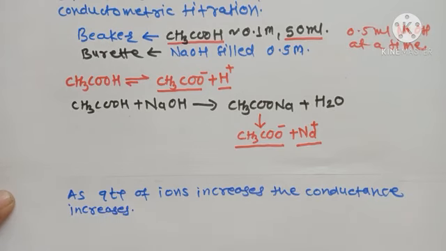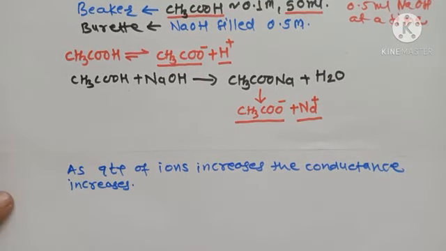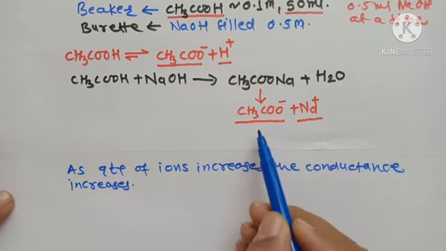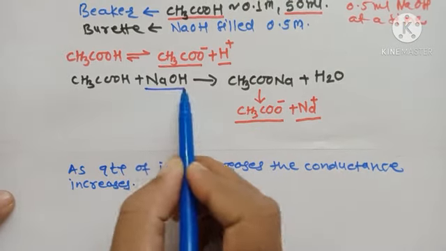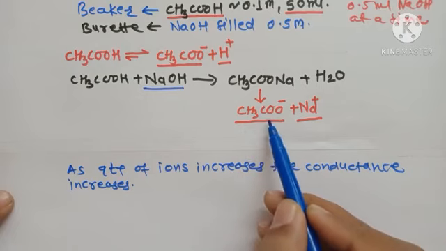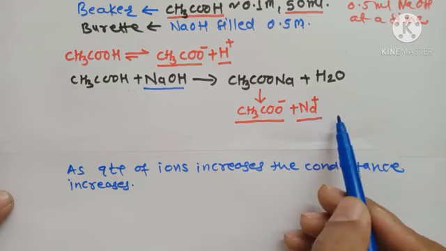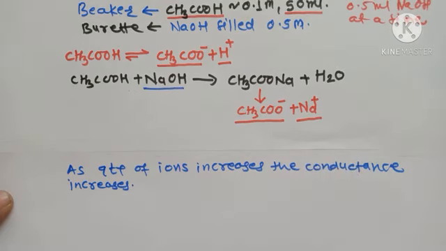The conductance of the solution will increase constantly and continuously up to the equivalence point, since every time we add 0.5 ml NaOH we get the respective amount of acetate anion and Na plus ion.